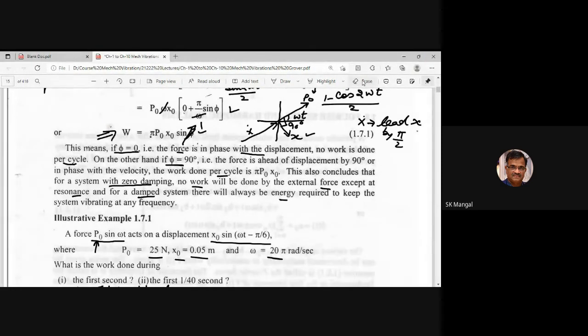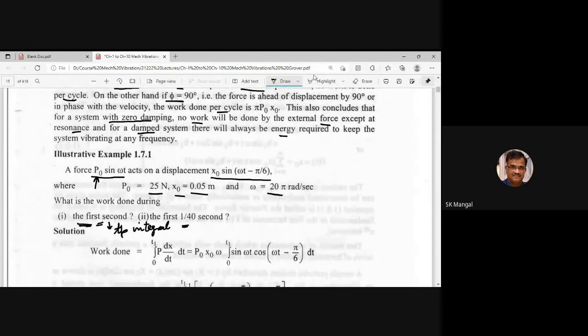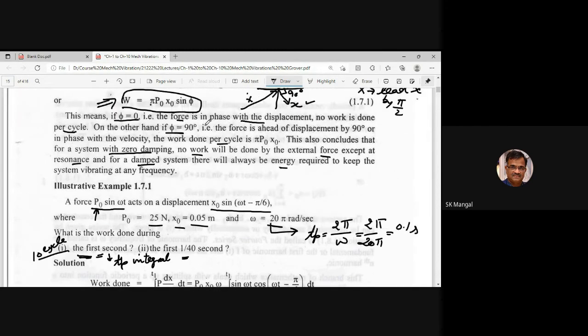Here your time period is nothing but 2 pi upon omega, which is 2 pi upon 20 pi, and it becomes 0.1 second. So basically it is equal to 10 cycles, so you can use this formula straight away here to find this.